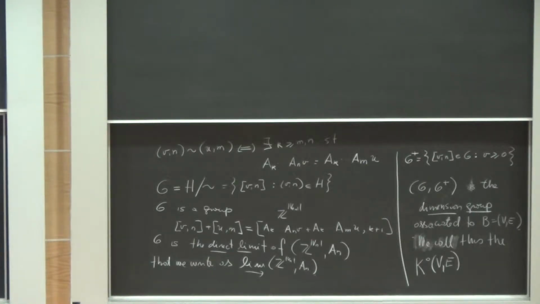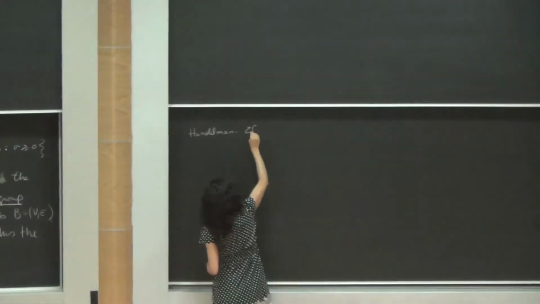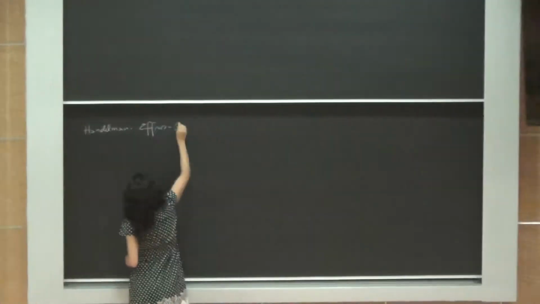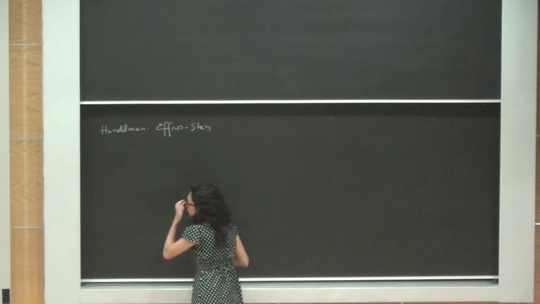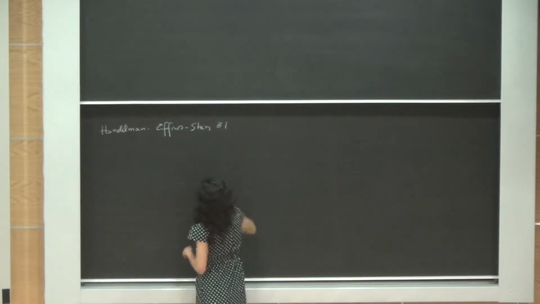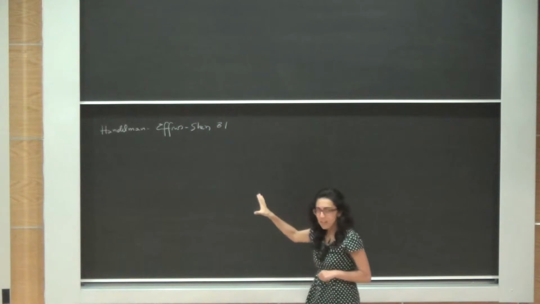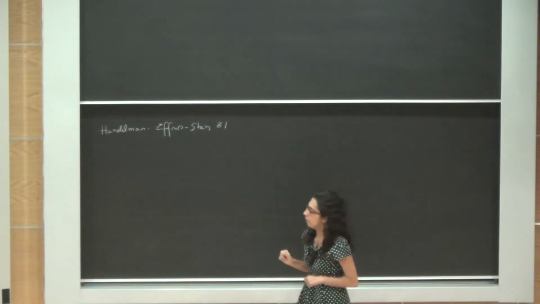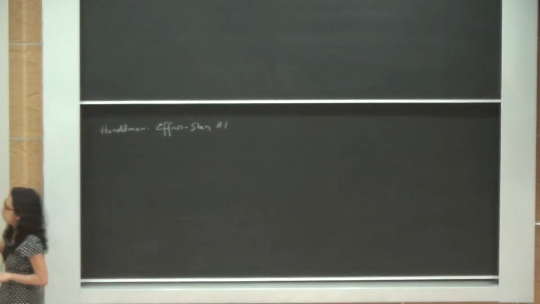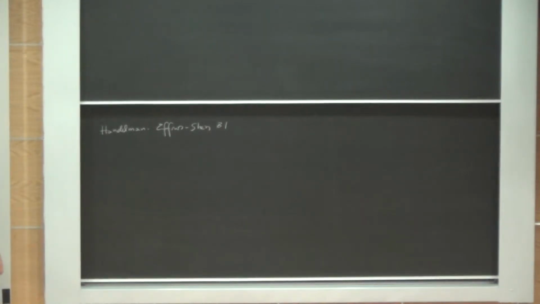And there is a theorem from Effros, Handelman, and Shen, from '81, that says that every dimension group defined like this, using a Bratteli diagram, is exactly an object like I defined there, and vice versa.